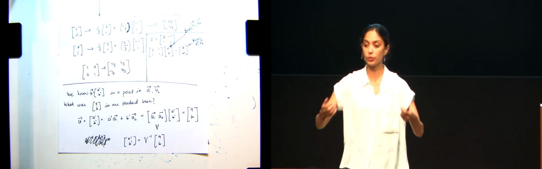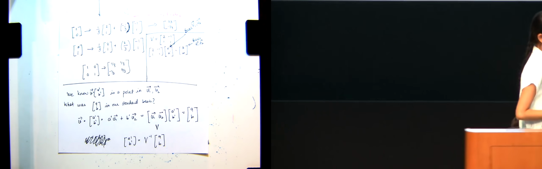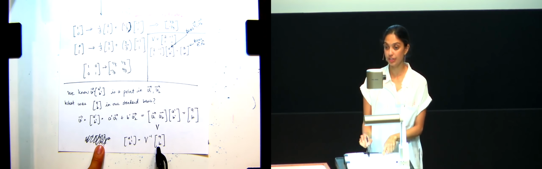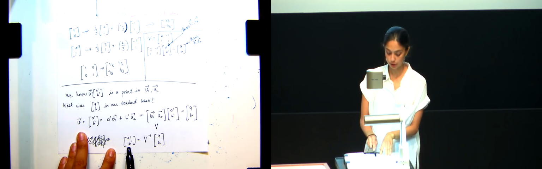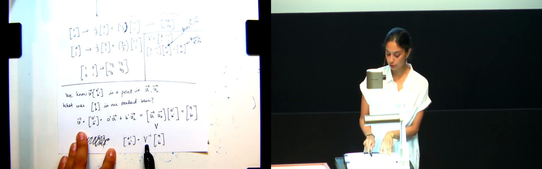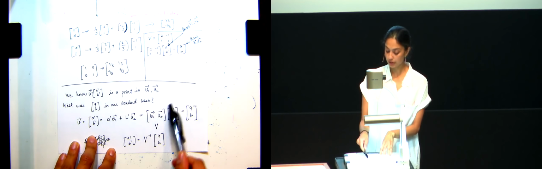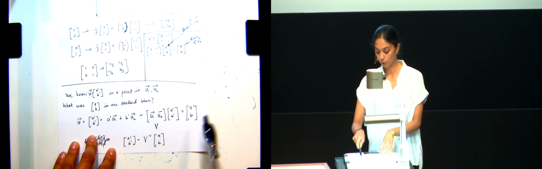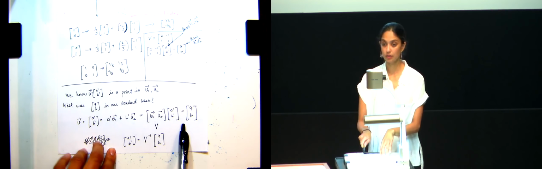So if I start with a point AB in the standard basis and you want to find how much you need to go along V1 and V2, then you will use this equation. If you start with a point in V1, V2 and you want to figure out where it is in the standard basis, you will use this equation. Got it?